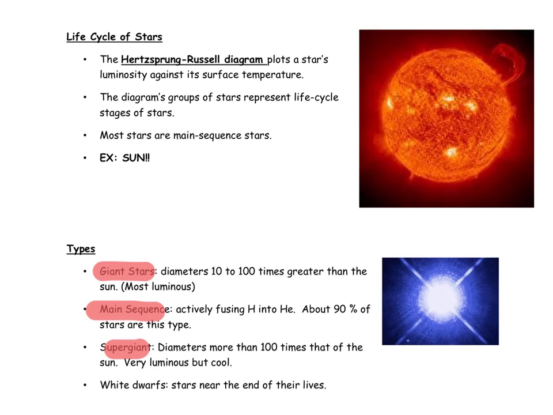You have supergiants, which are very, very luminous, but still relatively cool in temperature, and white dwarfs. So on this Hertzsprung-Russell diagram, page 15, not only do you have temperature and luminosity, but you have stars put into different groups based on their luminosity and their temperature. So let's take a minute and look at that.